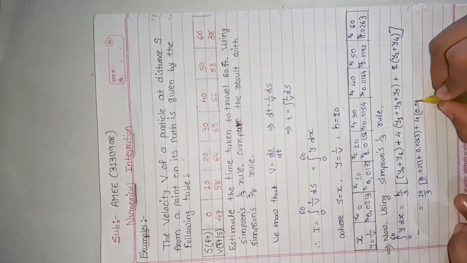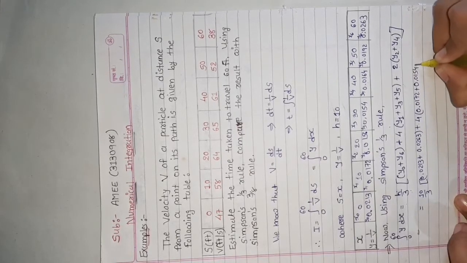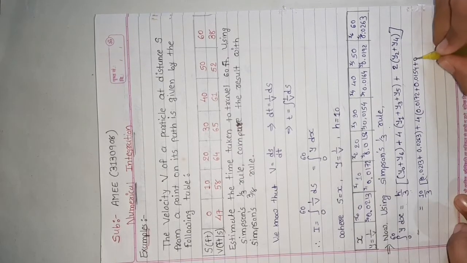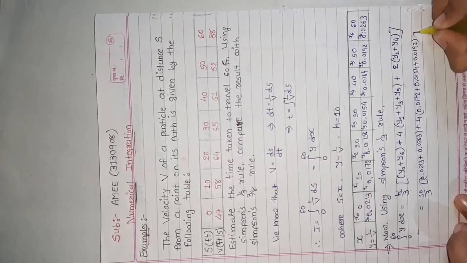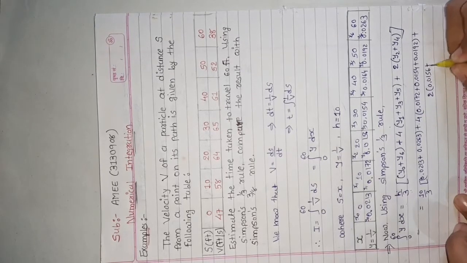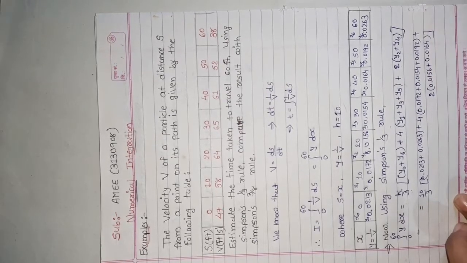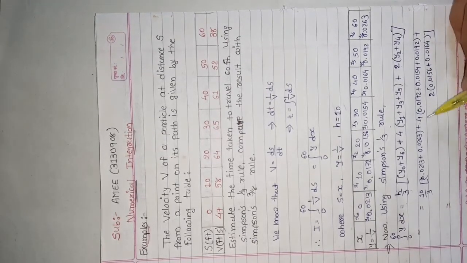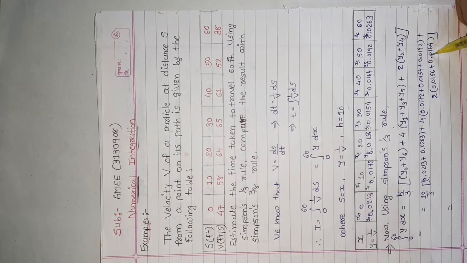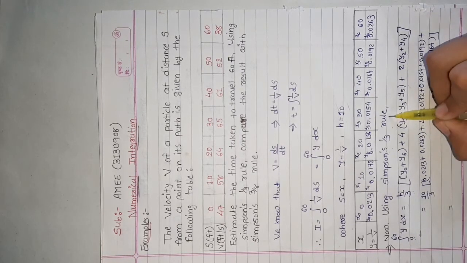y1 is 0.0172, plus y3 is 0.0154, plus y5 is 0.0192, plus 2 times y2 plus y4. Here y2 is 0.0156 plus y4 is 0.0164. Now adding all these values, we calculate the time taken to travel 60 feet using Simpson's one-third rule.